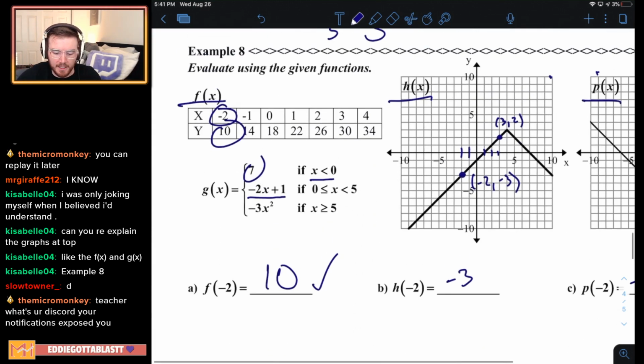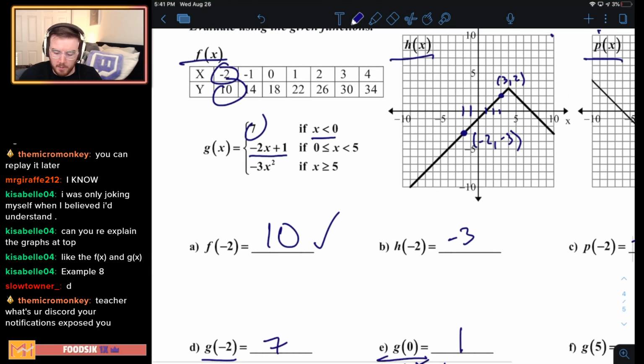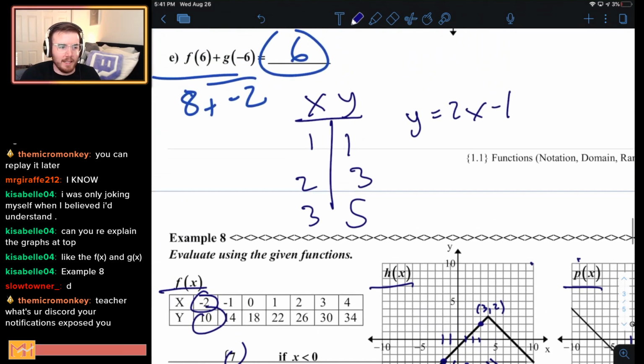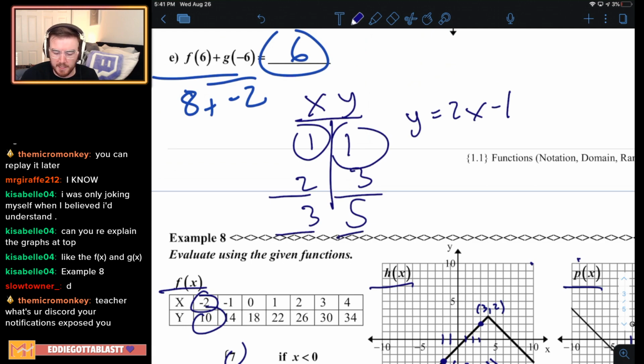And to look at f again, f is a table of values. What does a table of values tell us, right? This table of values is horizontal. When I learned table of values when I was in high school, they did it vertically, right? You plug in 1 and it spits out the answer. You plug in 2 and it spits out the answer. You plug in 3, it spits out the answer.